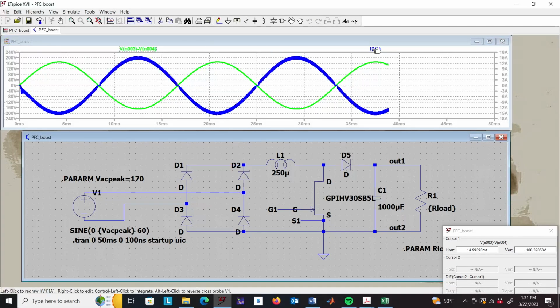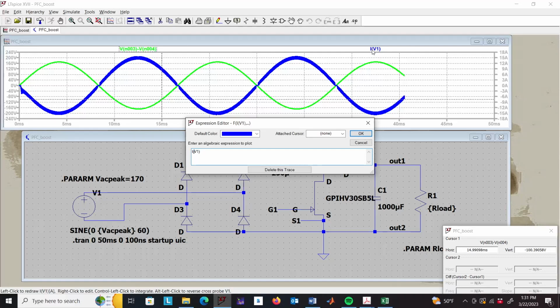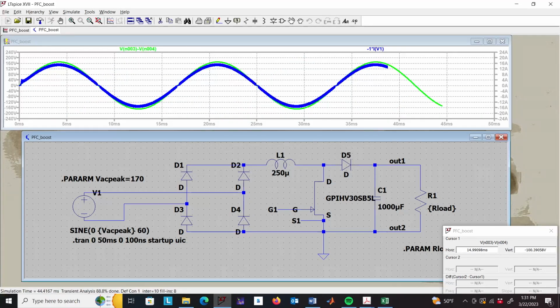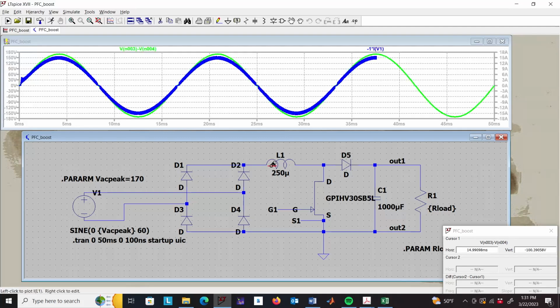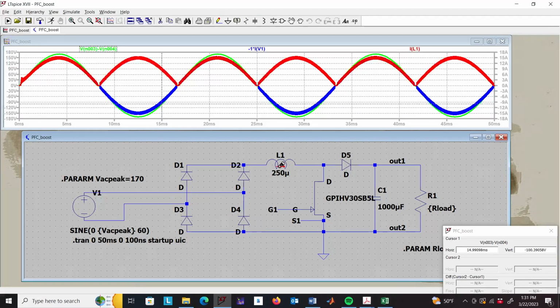And actually, I looked at them with the wrong phase, so let me just change the phase here, -1 times that current. So this is very much generating a very sinusoidal-looking input. If I looked at this current, for example, the current in the inductor, it is the rectified version of that. So it's exactly what I said.